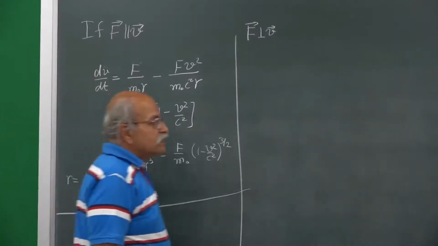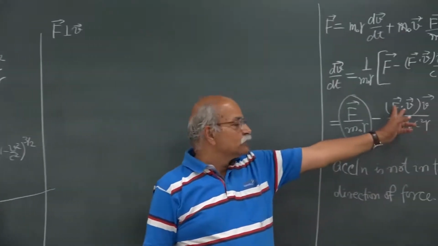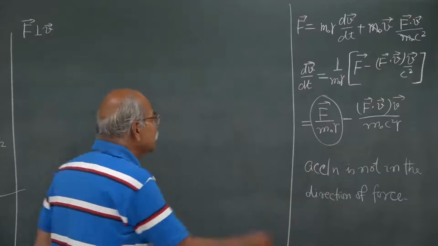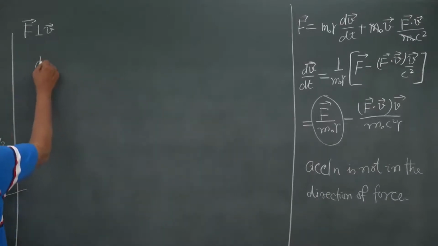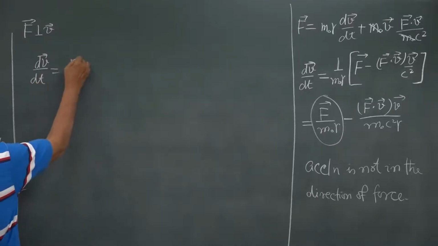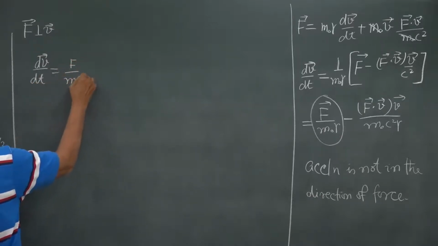In that case this f dot v will be 0, and then the equation will be just dv dt equal to f divided by m naught gamma.